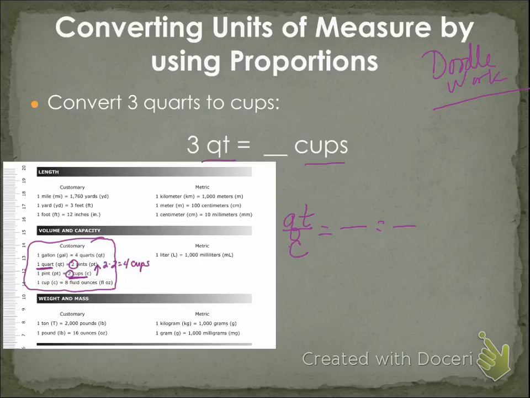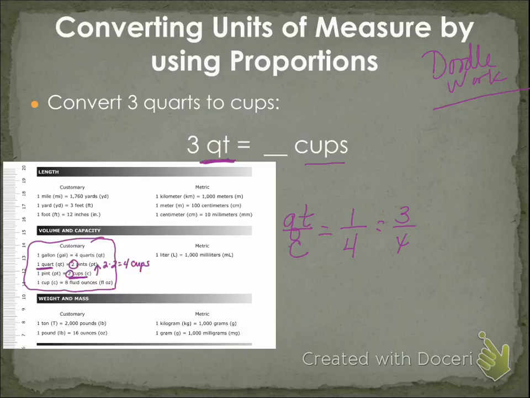And that's what I'm going to fill in on my proportion. Now my problem tells me I'm solving for 3 quarts. So I'm going to put a 3 here, and here's my x. Now, again, remember, I'm stuck for space a little bit, so I'm going to try to write over here kind of small so that hopefully I can get everything on the page for you.